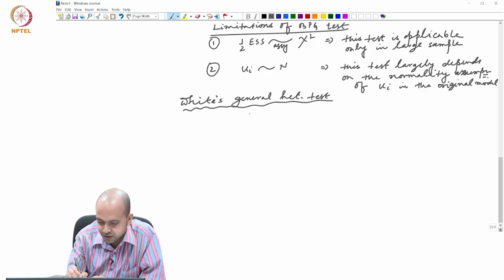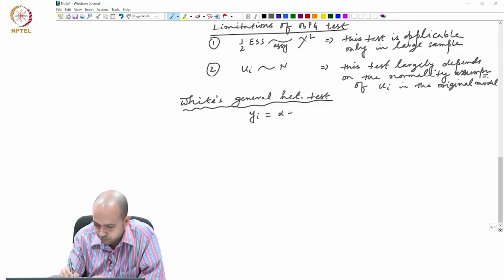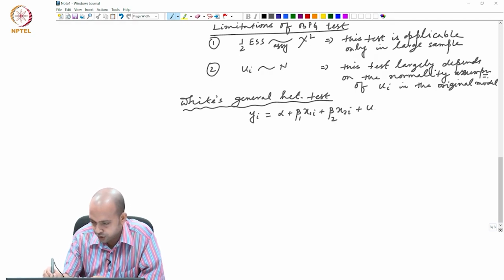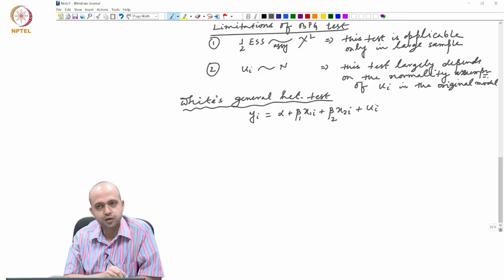How is this test done? Suppose your original model is yi equals alpha plus beta 1 x1i plus beta 2 x2i plus ui. This is your original model.